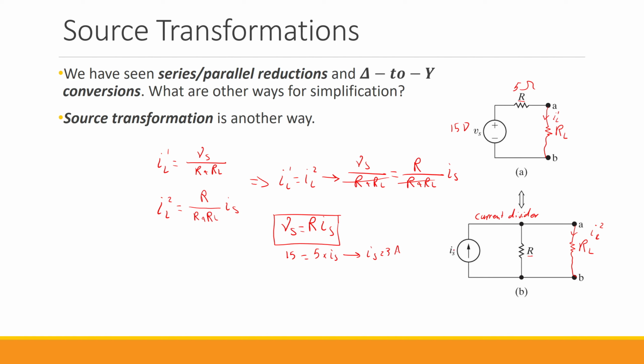So the equivalent circuit has an independent current source with the value 3 amps in parallel with a 5 ohm resistor. As long as this relationship is satisfied between Vs, Is and R, these two circuits are completely equivalent in terms of what RL sees from these two terminals. This is a very useful technique, especially when we want to simplify our circuits.